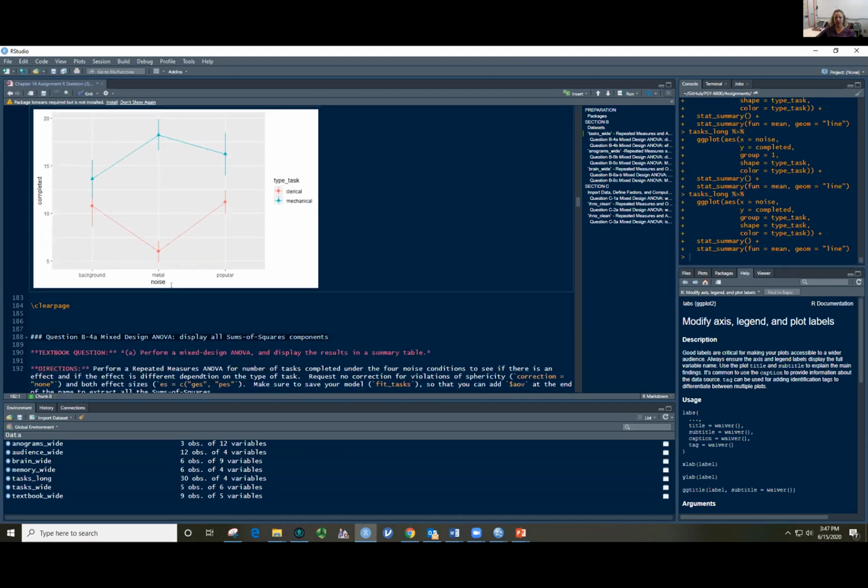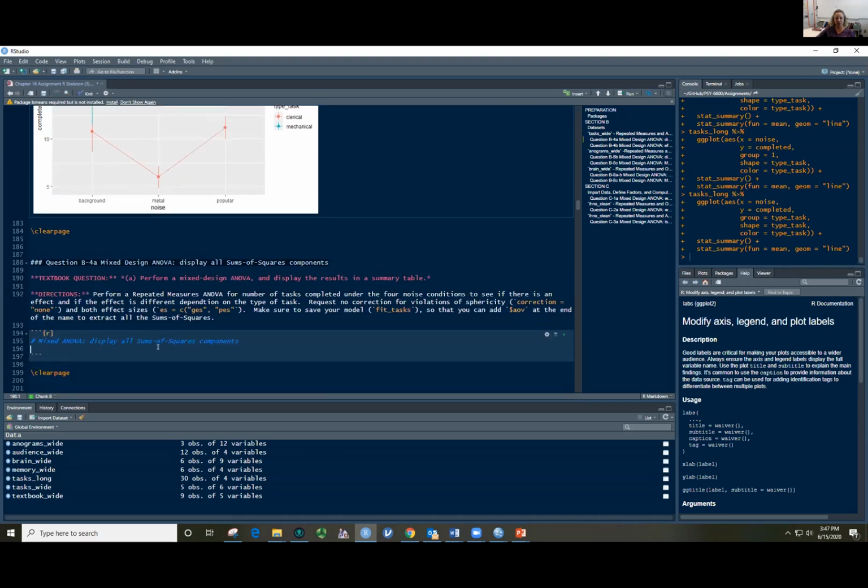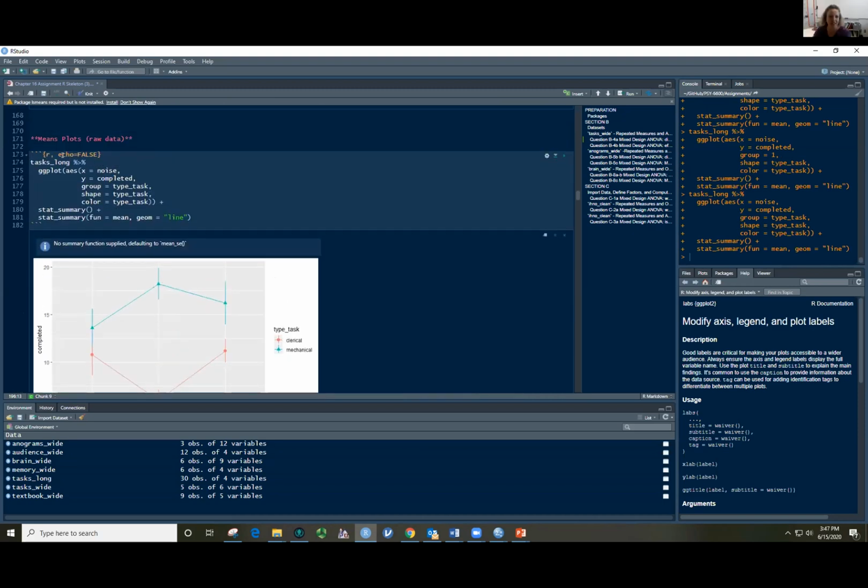Okay, so let's do the mixed ANOVA. To do the mixed ANOVA, we're going to save it as fit tasks. So what do I start with to run my mixed ANOVA? Tasks long. We need the data set, and the data set is tasks long.